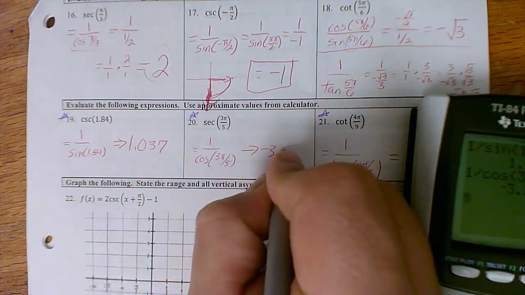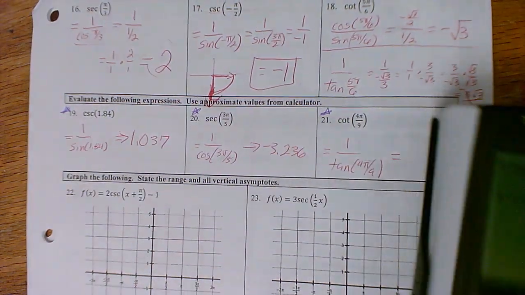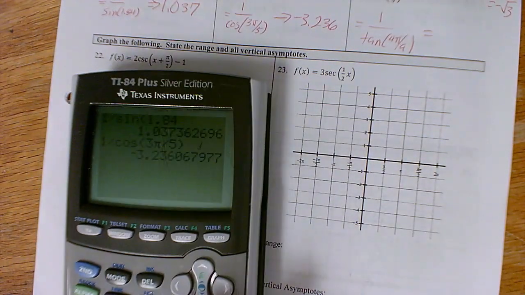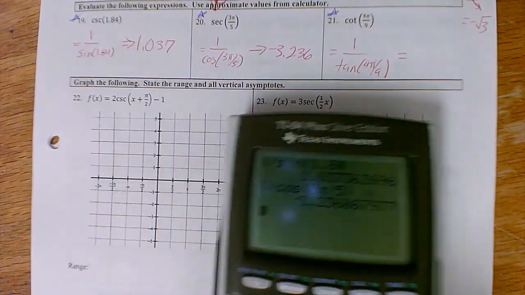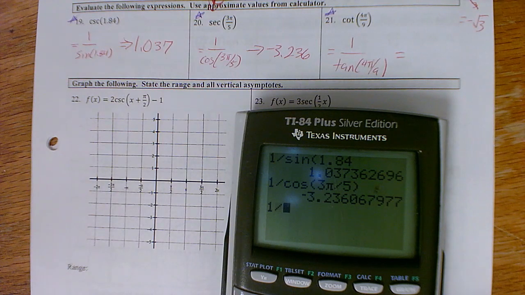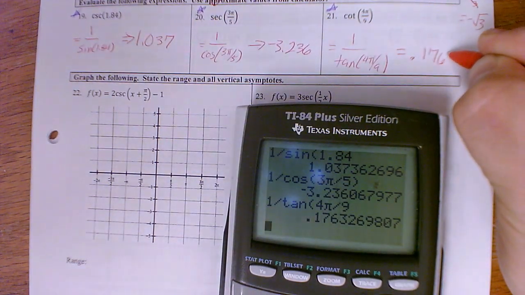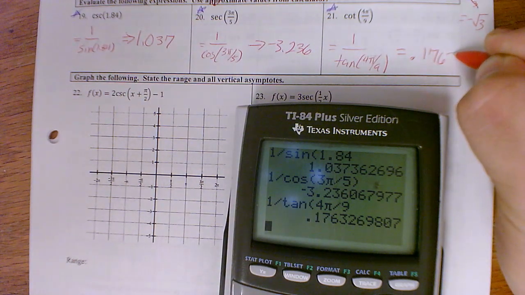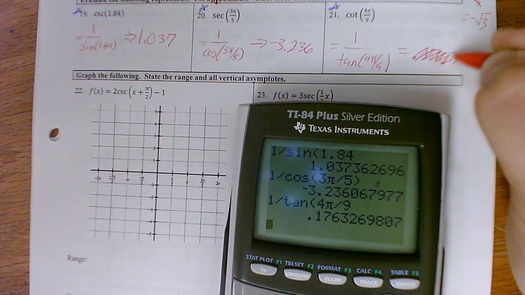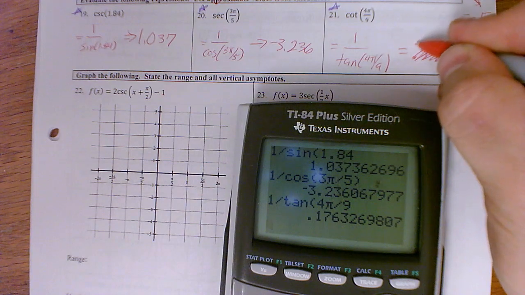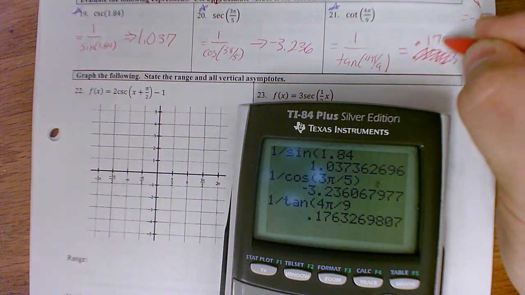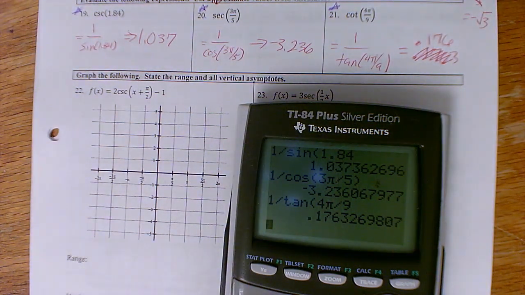And then with the cotangent, 1 divided by the tangent of 4 pi divided by 9. And we would end up with 0.176. I think I went too far, but there we go.